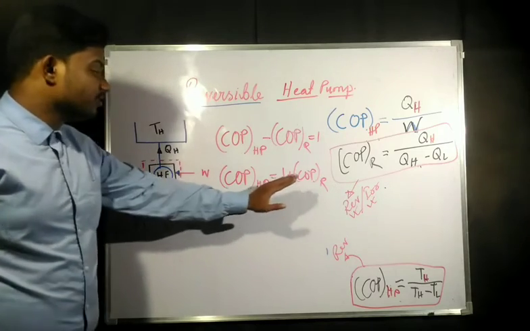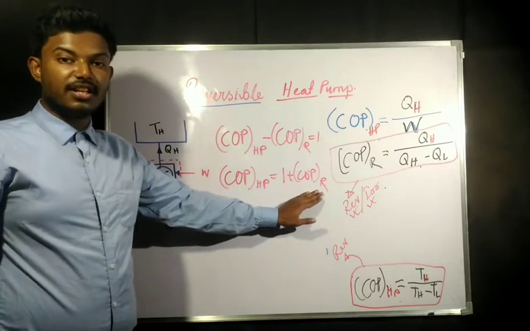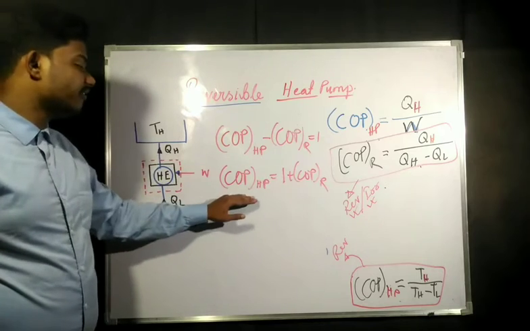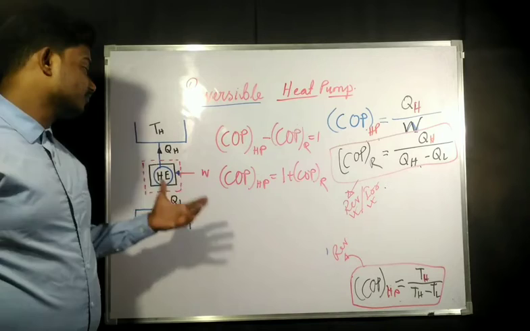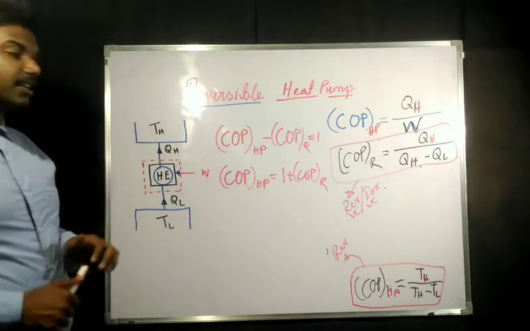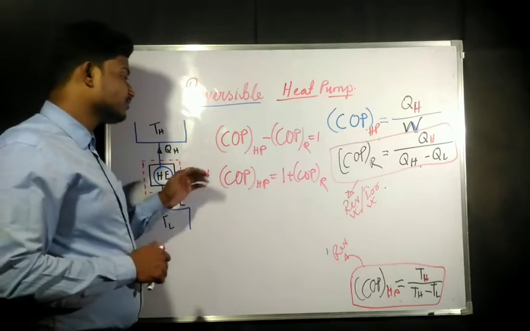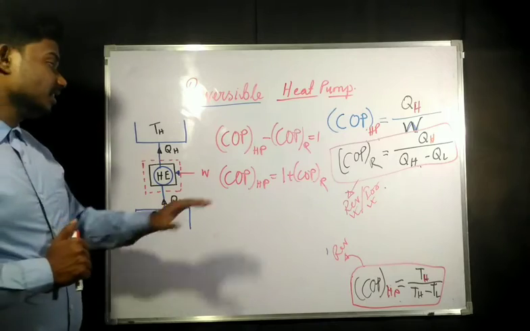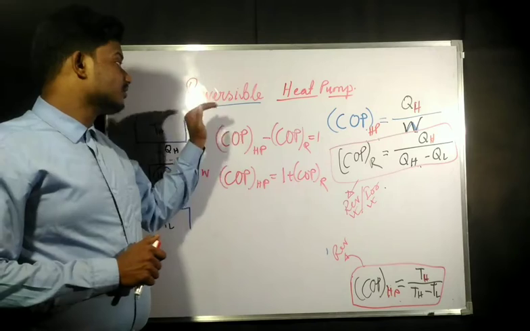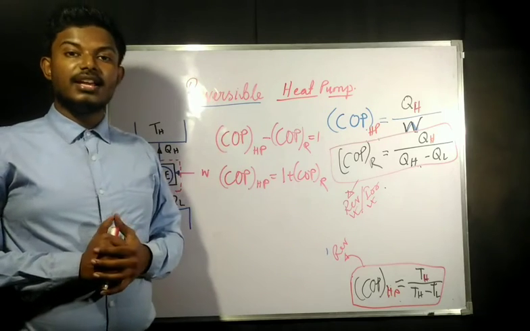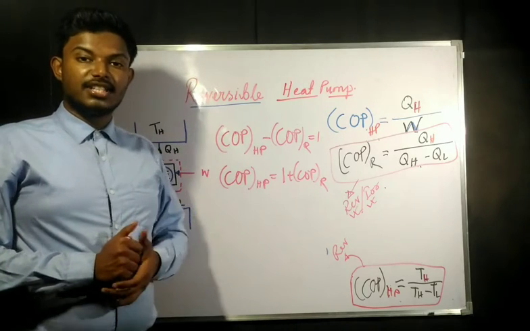So you find the coefficient of performance for the refrigerator, then add 1 to it, and you will find the coefficient of performance for the heat pump converted from the refrigerator. So this is our concept of reversible heat pump and reversible refrigeration.